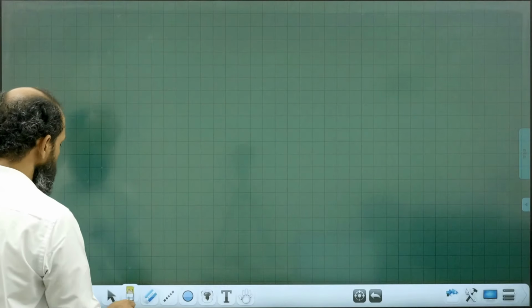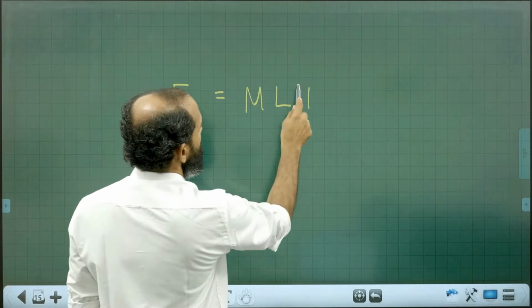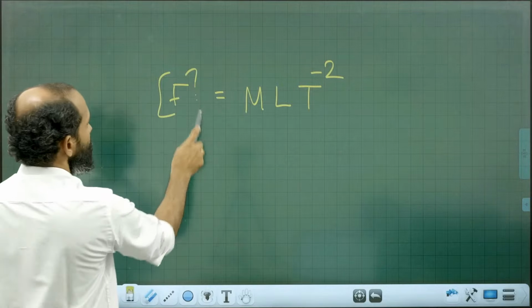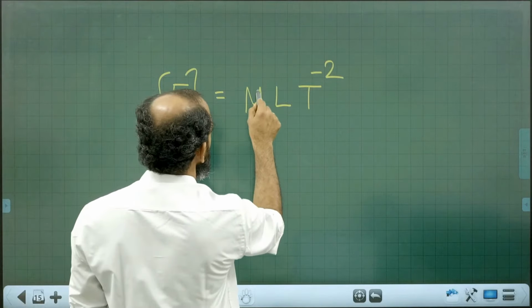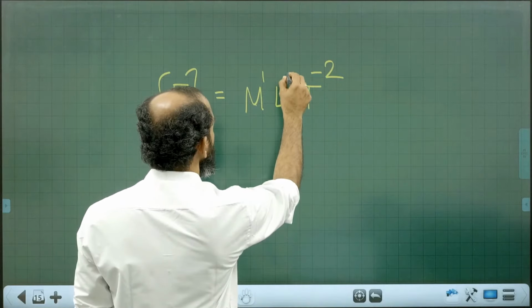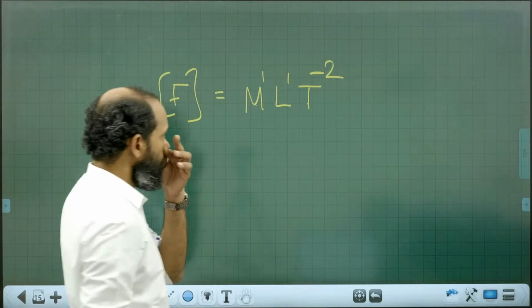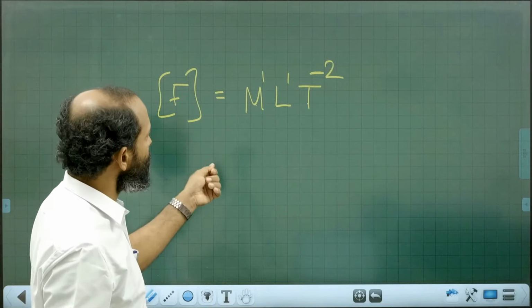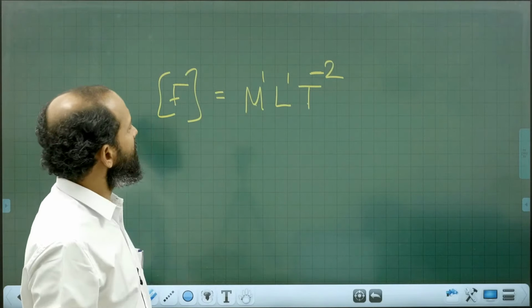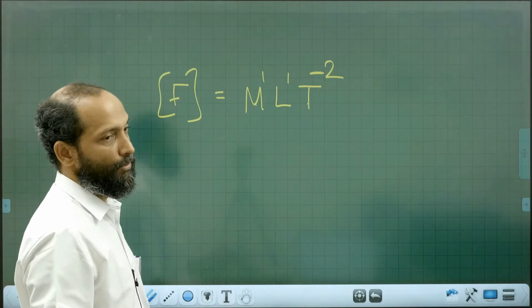So the dimension of force is MLT raised to minus 2, meaning the dimension of mass in force is 1, the dimension of length in force is 1, and the dimension of time in force is minus 2. Like that we can come to know what power each derived quantity has in terms of fundamental quantities.